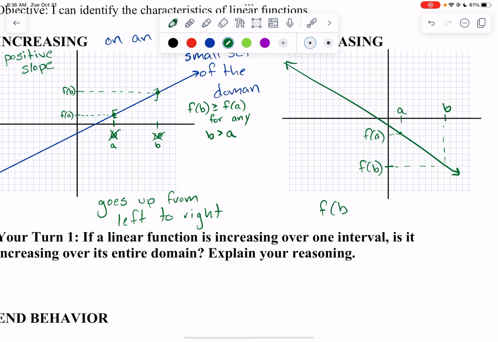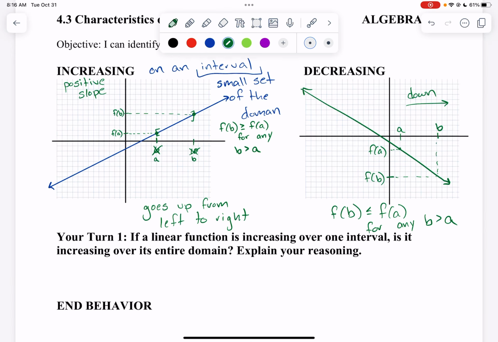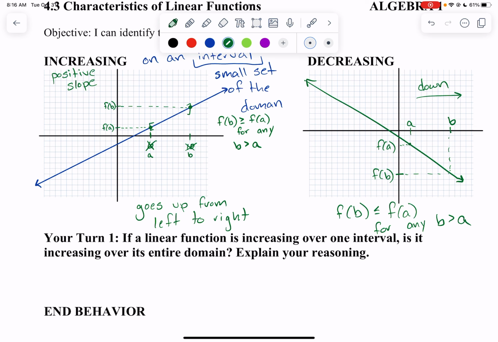If f of B is less than f of A for any B greater than A, so if we get smaller, if we go down from left to right, then it's decreasing. And again, a lot of times we look there on that interval.